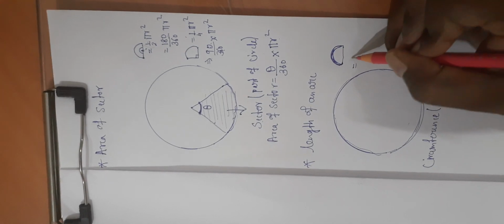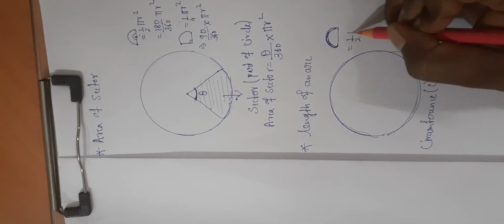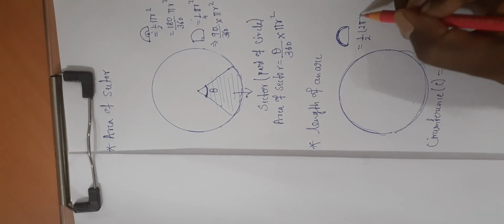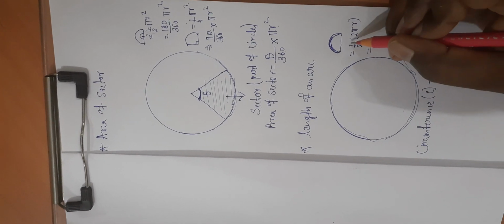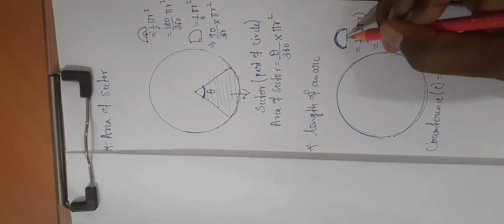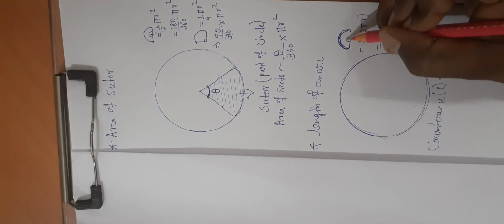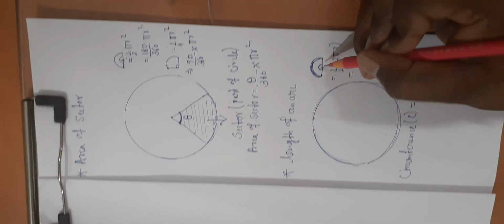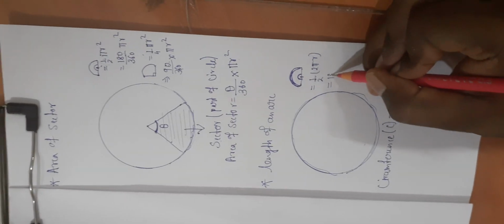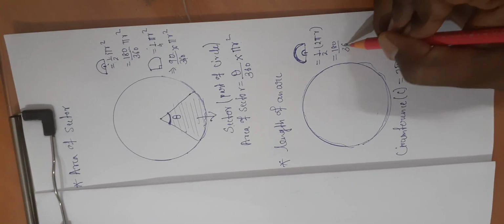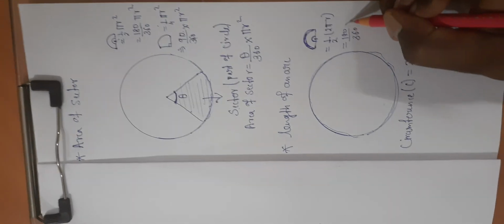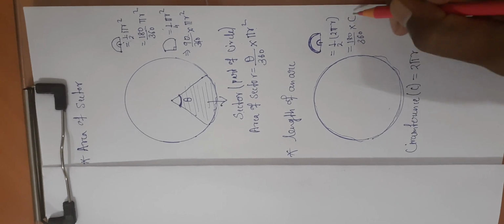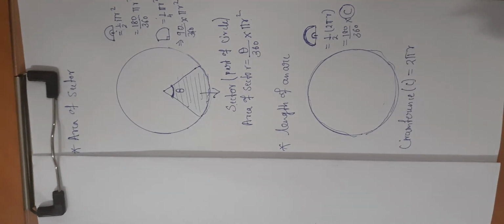In this case it is half into 2 pi r. You may ask where we are getting this half. Same rule: the sector is a semicircle, as the angle is 180. That means 180 upon 360 into 2 pi r, that is circumference C.